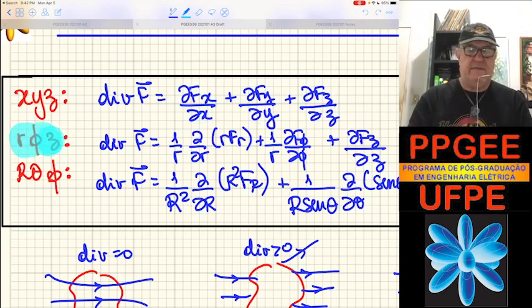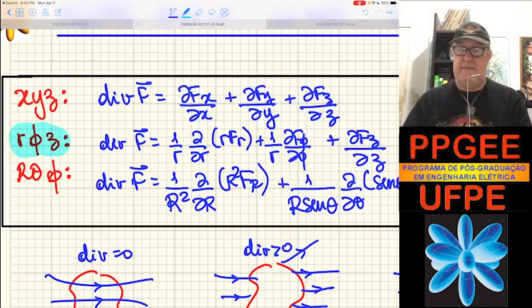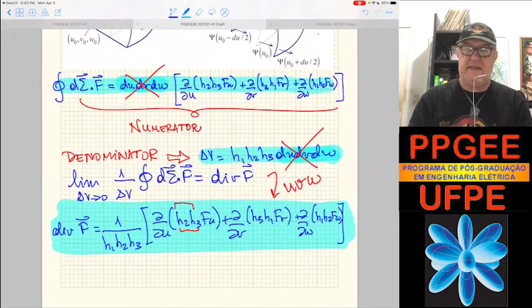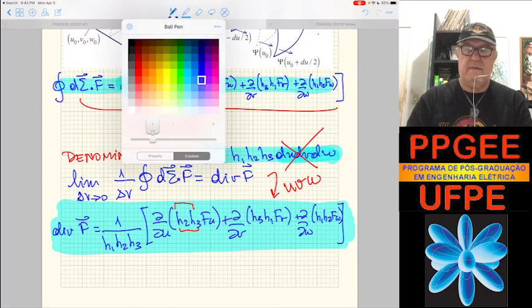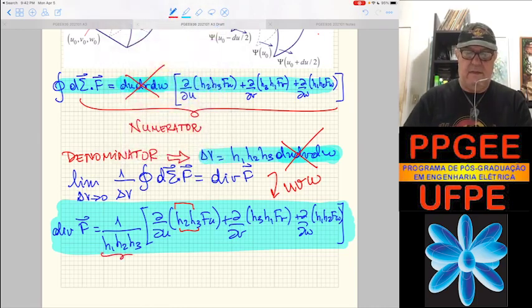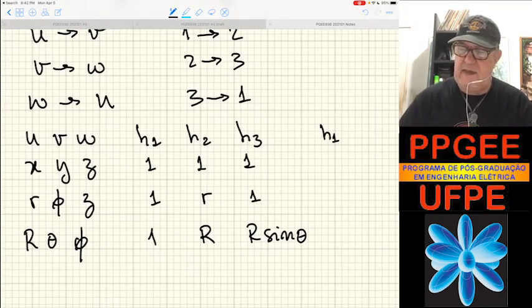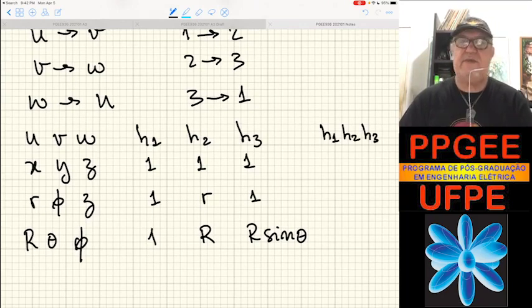In cylindrical, well, what do we have? Remember that the definition has the products of the h's in the denominator. So in cylindrical, let's just write down here on the left H1, H2, H3, which is the parameter in the denominator.